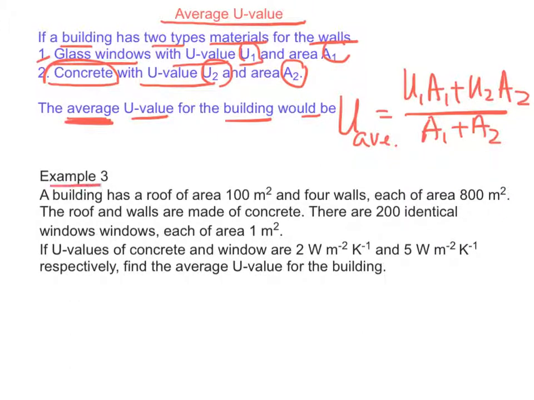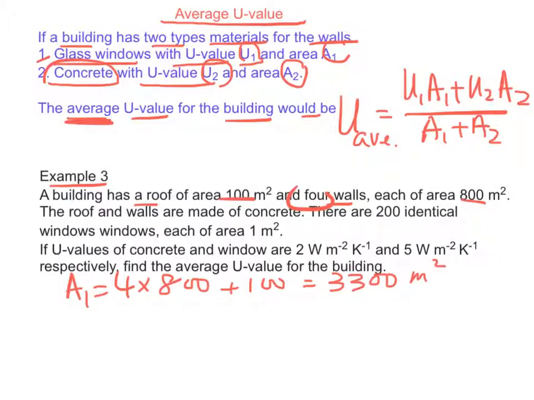Example 3. The total area of the wall and roof is A1 equal to 4 times 800 plus 100, which is equal to 3,300 meters square. The total area of the glass windows is A2 equal to 200 times 1, equal to 200 meters square.